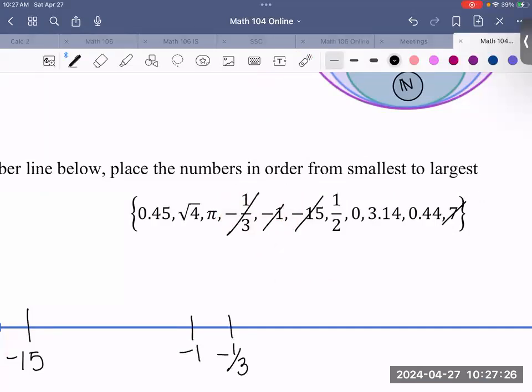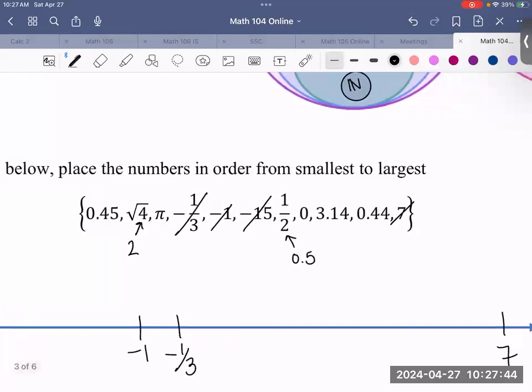So that takes care of your negatives. Then let's look to some of your other values. Now let's take a look at the square root of 4, which we know now to be 2, or maybe 1/2, which we know to be 0.5. So 2 kind of stands out. We can put that over here somewhere. So we can get rid of that.